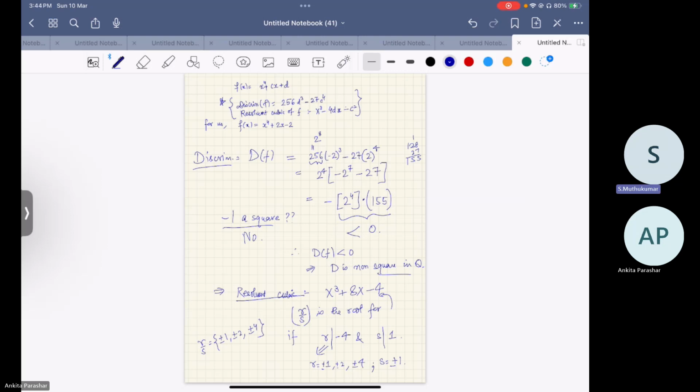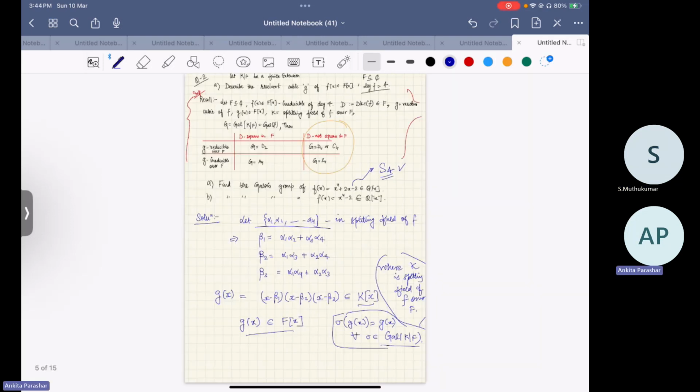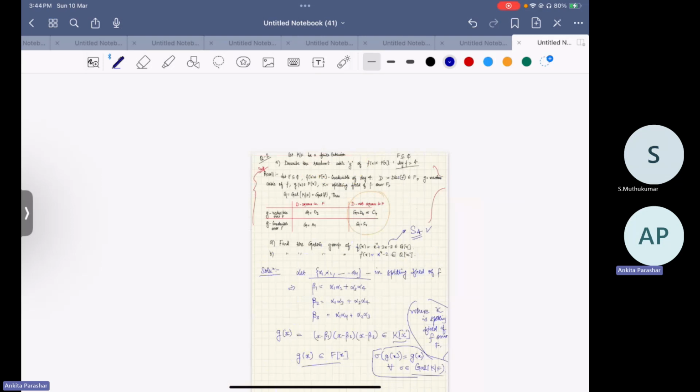I think it is a square? It will be negative, right? Minus 2 cubed. As long as d is not a square, of course, then again you are in the same situation.